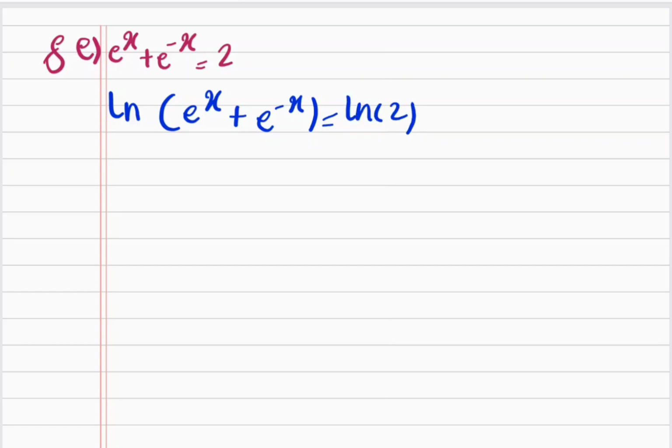So it doesn't really simplify the equation, right? It's not helpful in this case because inside is not a product of two terms, so we can't split this. So this doesn't work in this case.